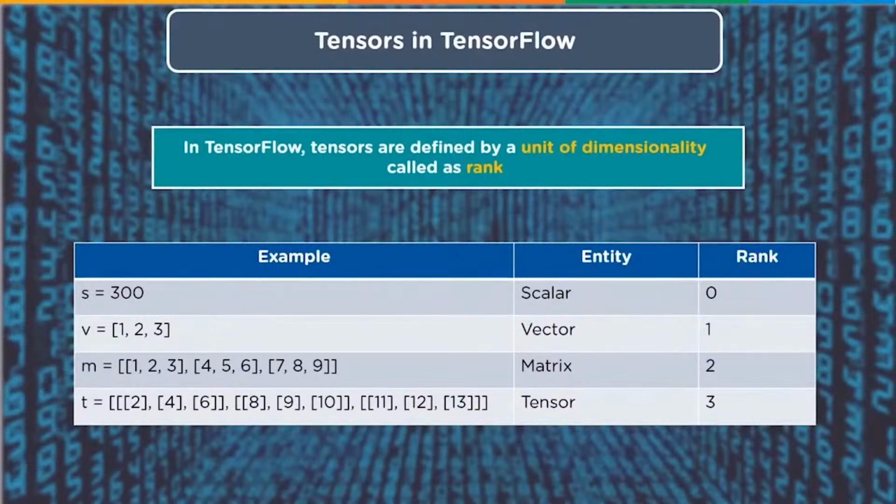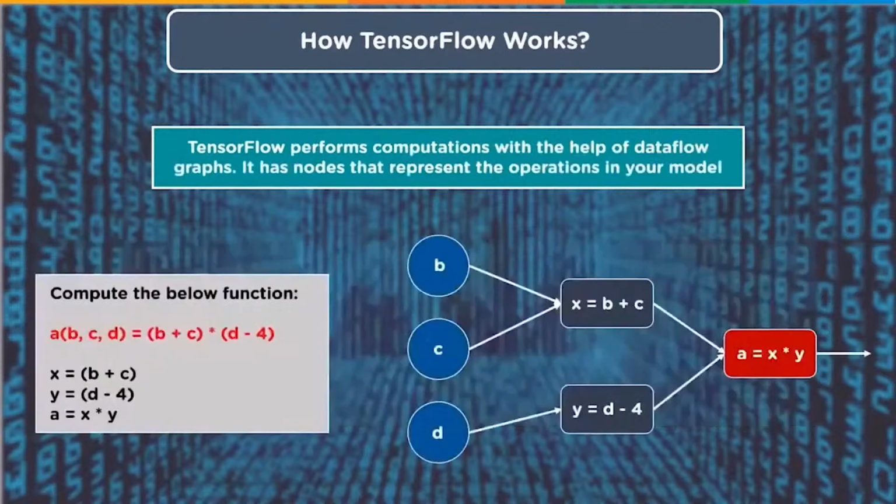And so the next step is to understand how TensorFlow works. And if you haven't looked at the basics of a neural network and reverse propagation, that is the basics of TensorFlow, and then it goes through a lot of different options and properties that you can build into your different tensors. So TensorFlow performs computations with the help of data flow graphs.